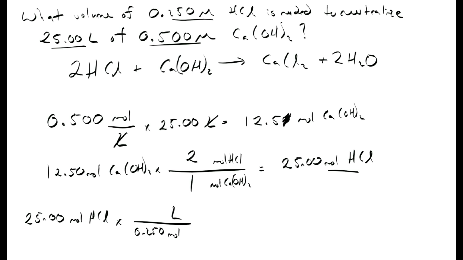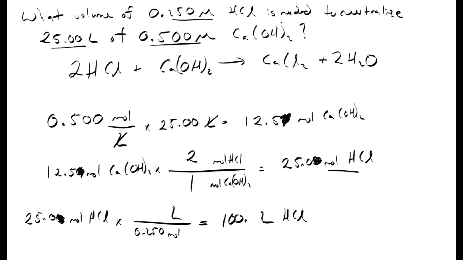Oops, that should be 12.5, 12.5, 25.0, 25.0. That's what I get for not paying attention. And what that's going to give us is 100 liters of HCl. It's a very large quantity.